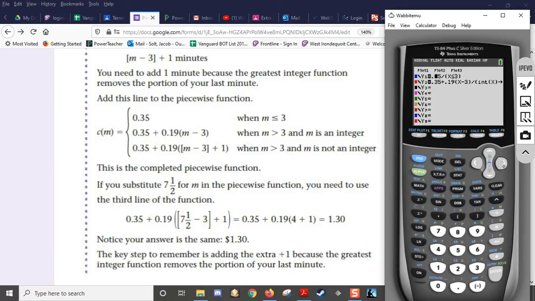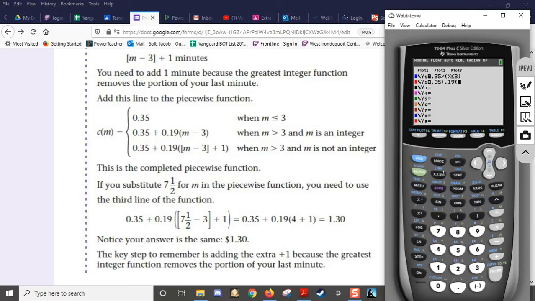Okay. So what I was trying to say to the calculator was make this an integer. I might have to clear this out. As disappointing as it is, I'm like you. I don't like to redo my work, but sometimes you gotta. So plus 0.19 times x minus 3.